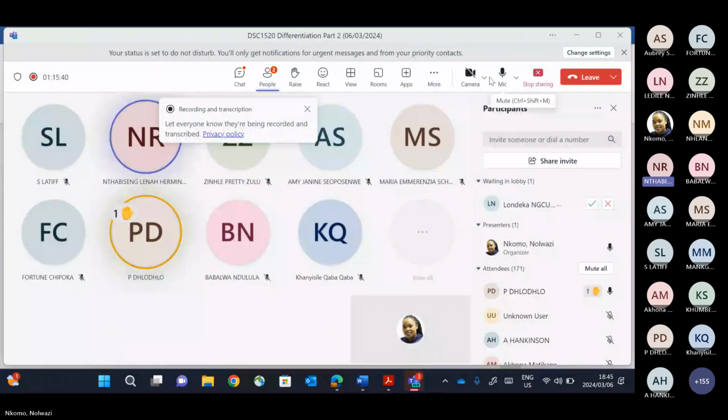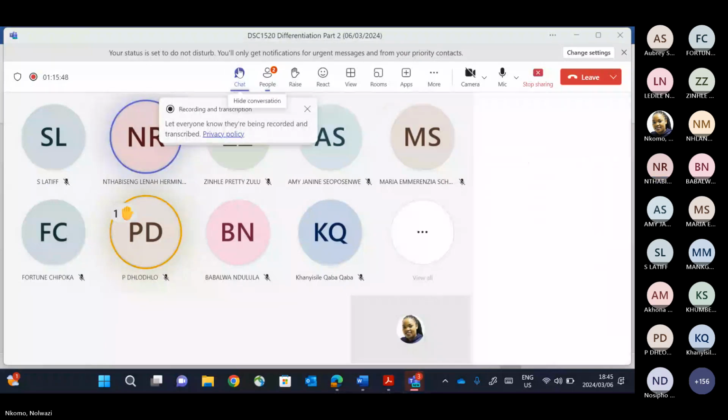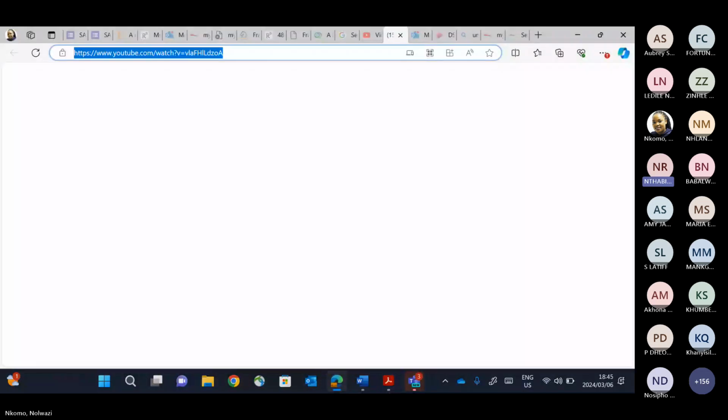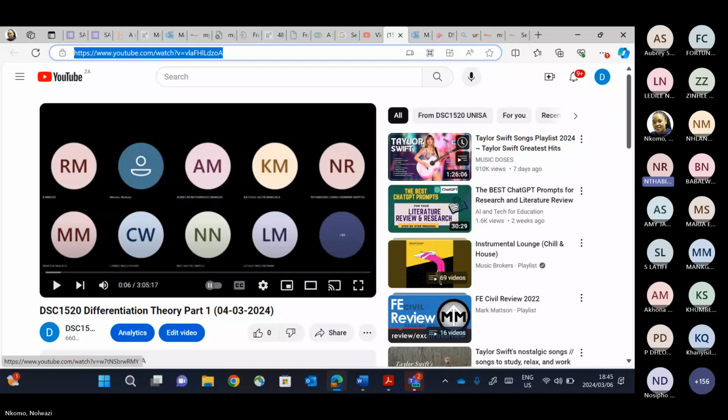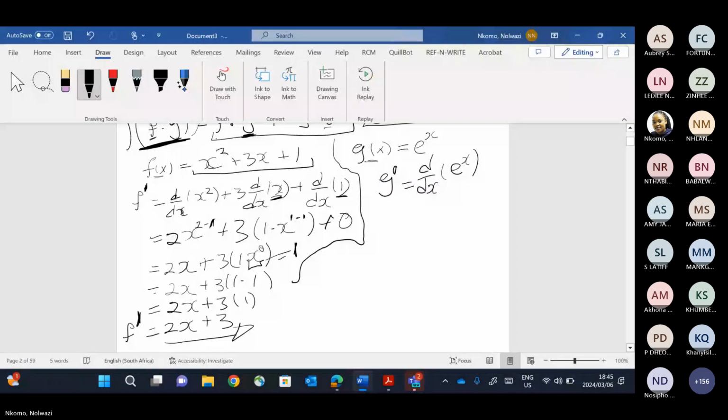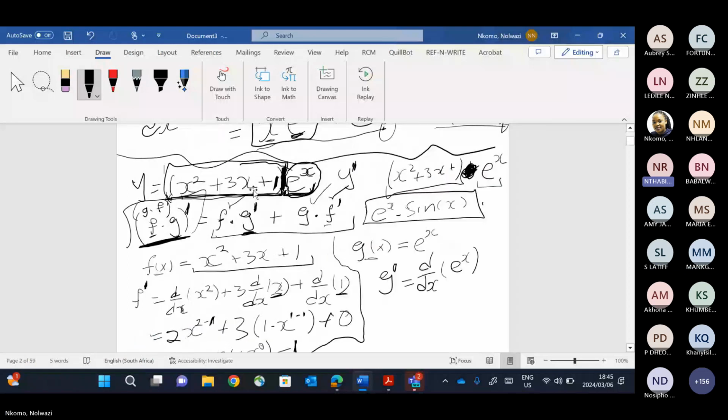Okay, we had 2x exponent 2 minus 1. Can you please show the screen, ma'am? Yes, we have 2x exponent 2 minus 1.